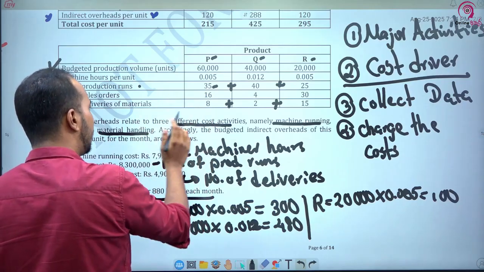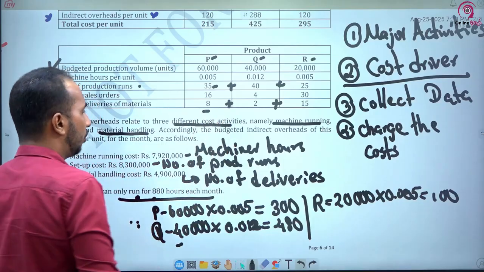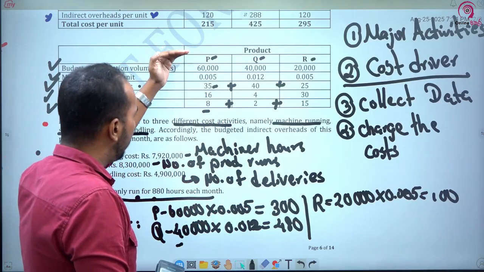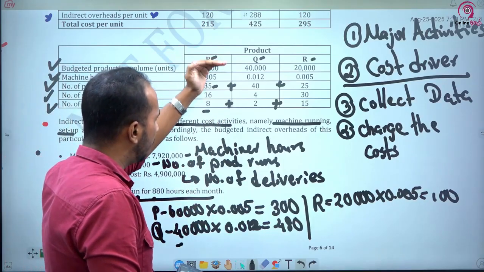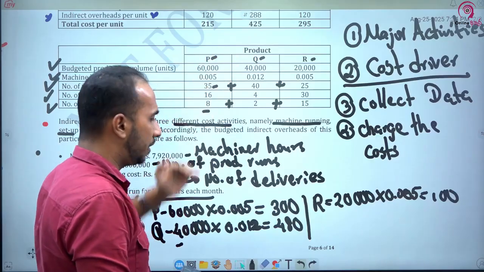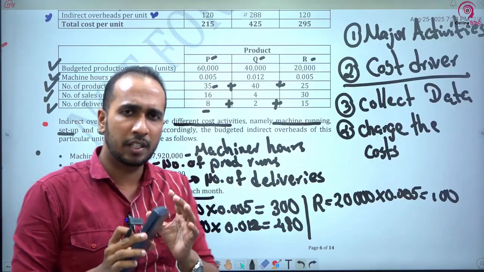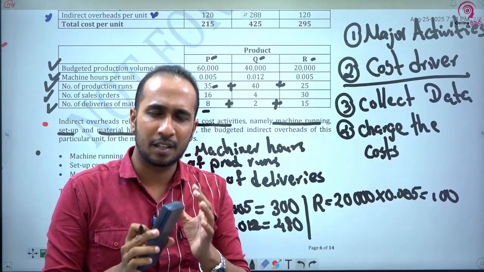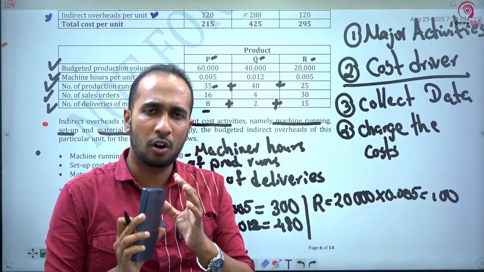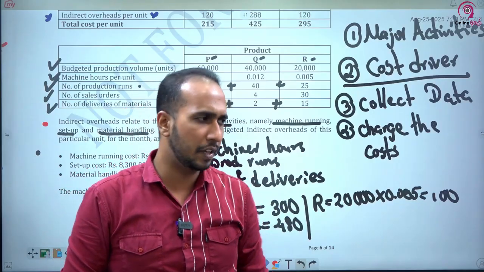When it comes to product P, it is 8. Product Q, it is 2. Product R, it is 15. So based on the number of material deliveries, we have to charge the overhead cost to our products. That's what we have to do.